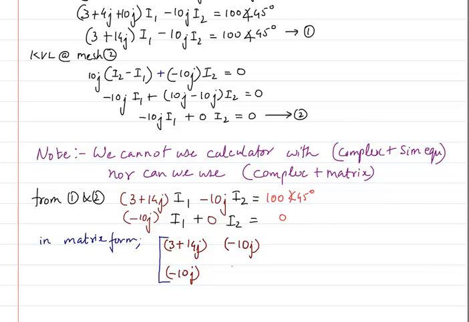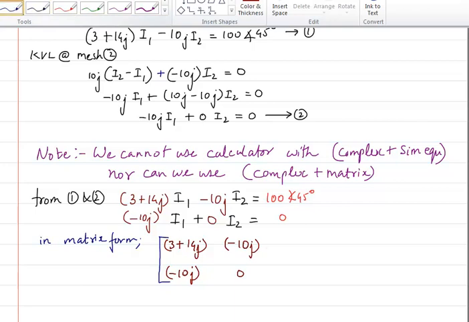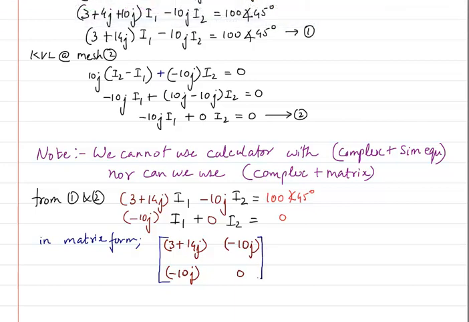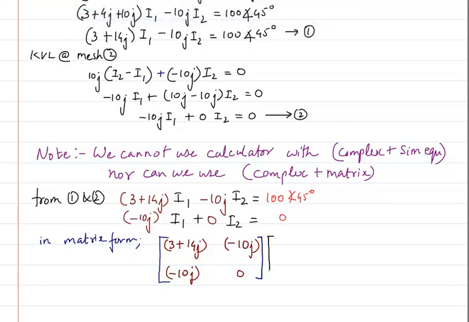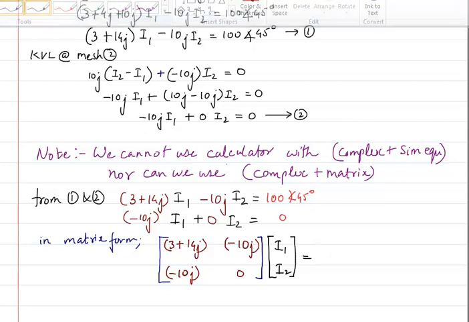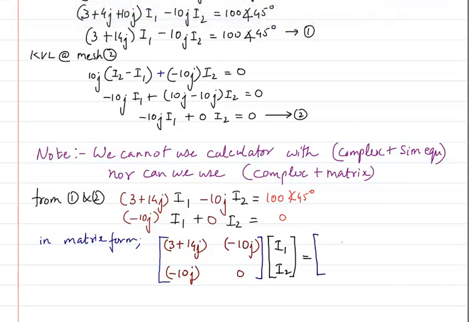One of the things you have to be very careful about, because the problems get very easily wrong if you are not careful. This is multiplied with the currents I1 and I2, and that is going to give us two values. One is 100 angle 45 degrees and the other one is 0.